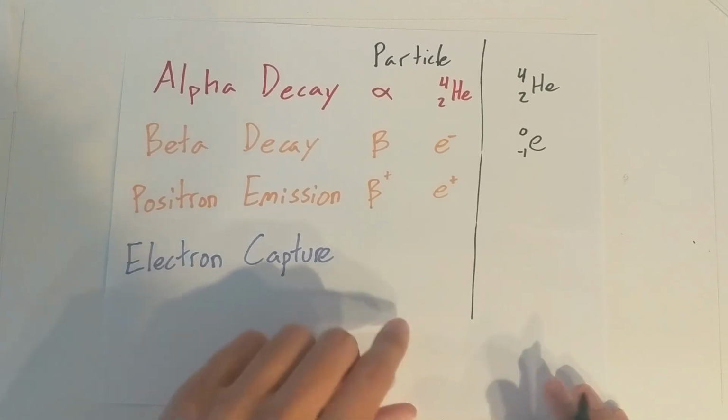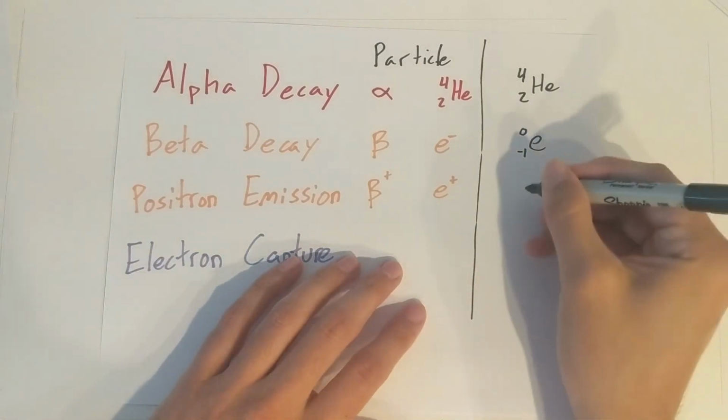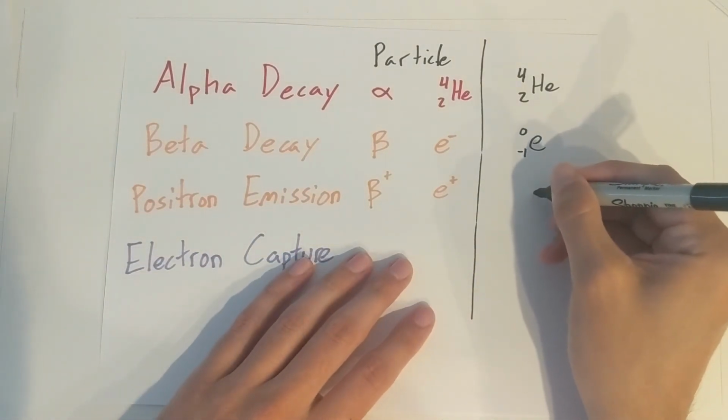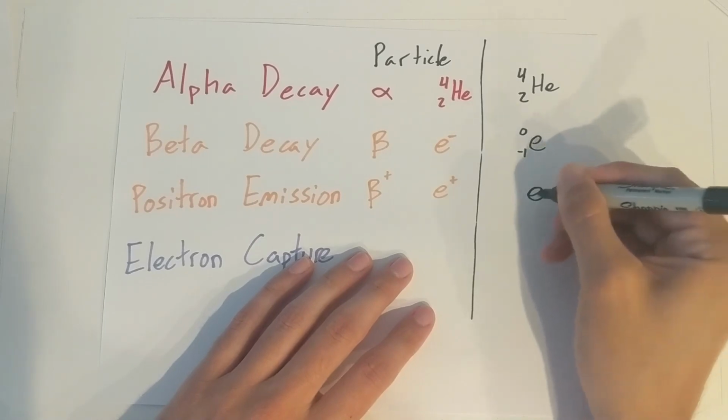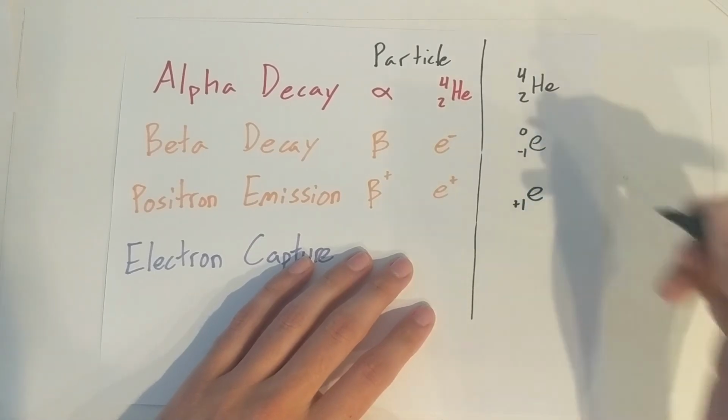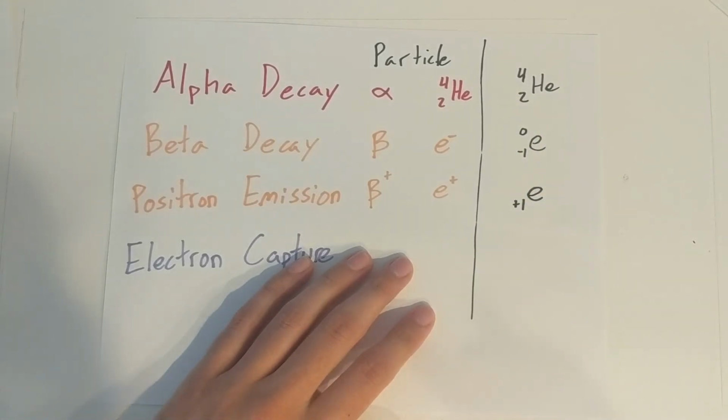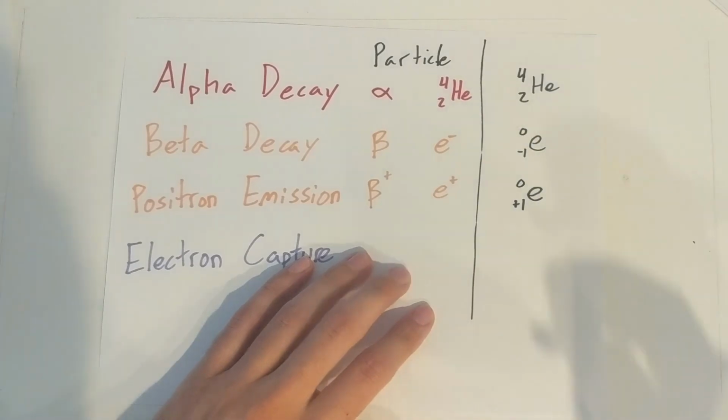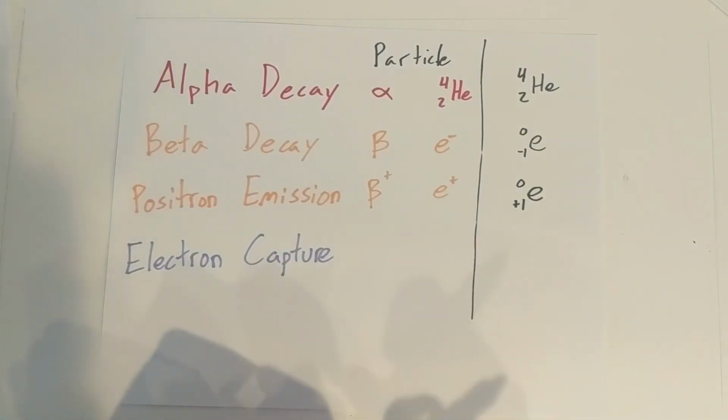Our positron would be an atomic number of 1, so we have that positive charge leaving, and it has a mass number of 0.